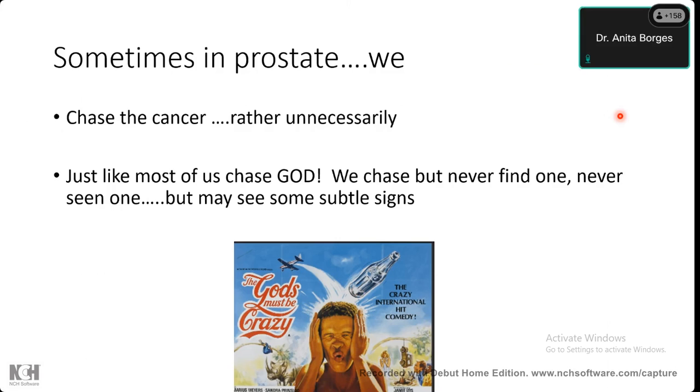Yeah, I think we're chasing cancer, not just in the prostate. We've just gone mad. We're chasing cancer everywhere. What's going to happen soon is that there are so many of these tests coming up, blood tests, which purport to find cancer when it is very, very early.